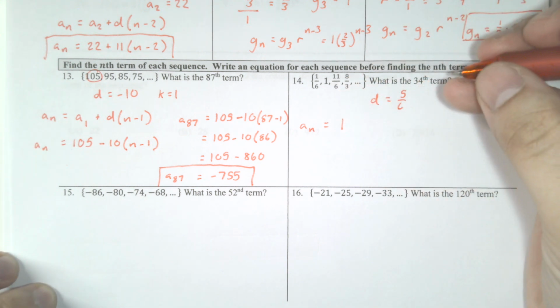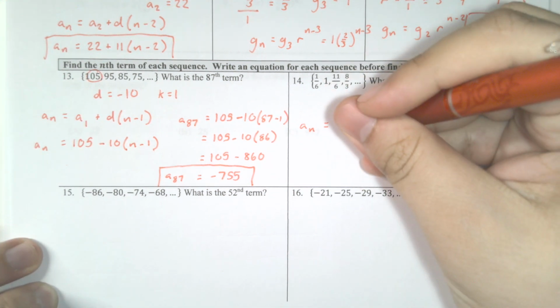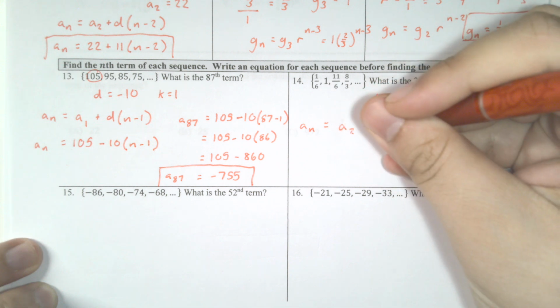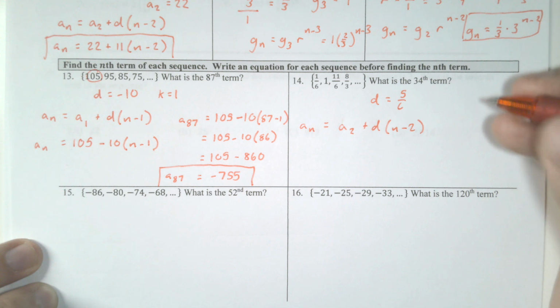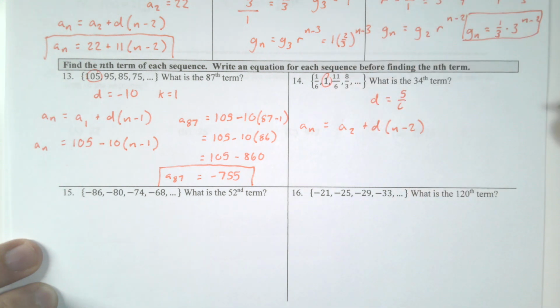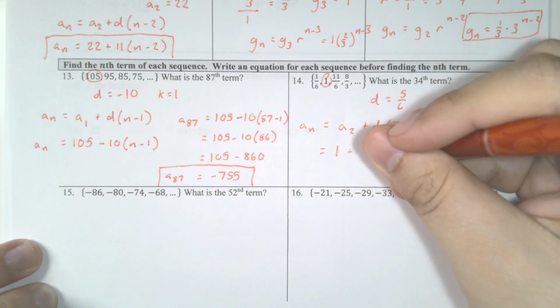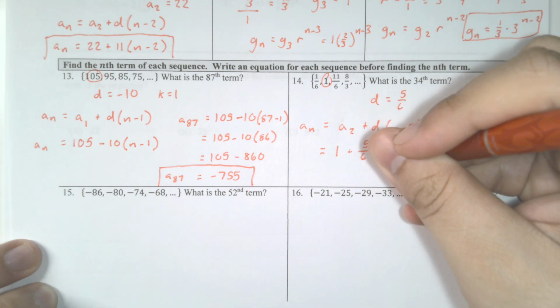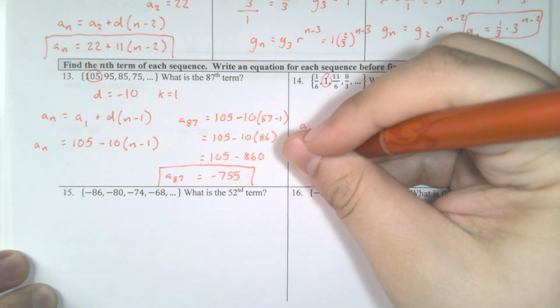Let me write out the explicit formula first. A sub 2 plus our difference times n minus 2. A sub 2 is going to be this 1. So 1 plus our common difference of 5 over 6 times n minus 2. So this is our formula.